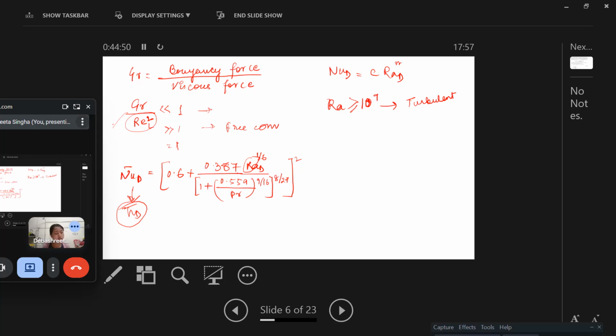And of course, if it is less, then it will be laminar. So this number is used to decide whether the flow is turbulent or laminar in case of free convection or natural convection, just like the Reynolds number decides the turbulent or laminar nature in forced convection.